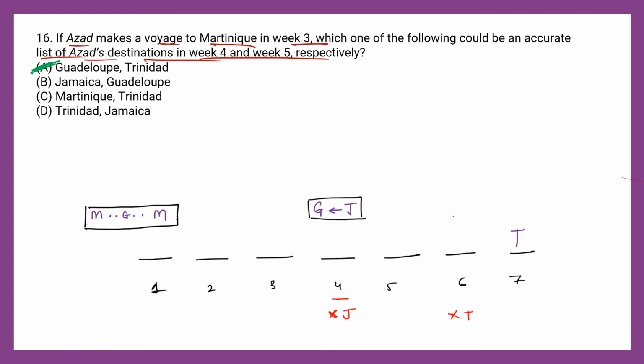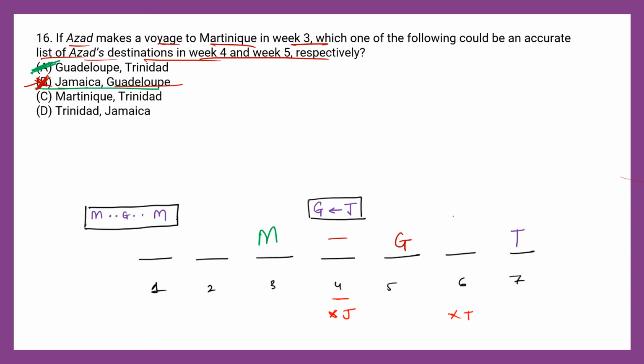Let us look at option B. It says J and G. Okay, so you have an M here, and then it says J and G in 4 and 5. Let me put them, J and G. Now you know that you cannot have a J on the fourth, so B is not the right answer.